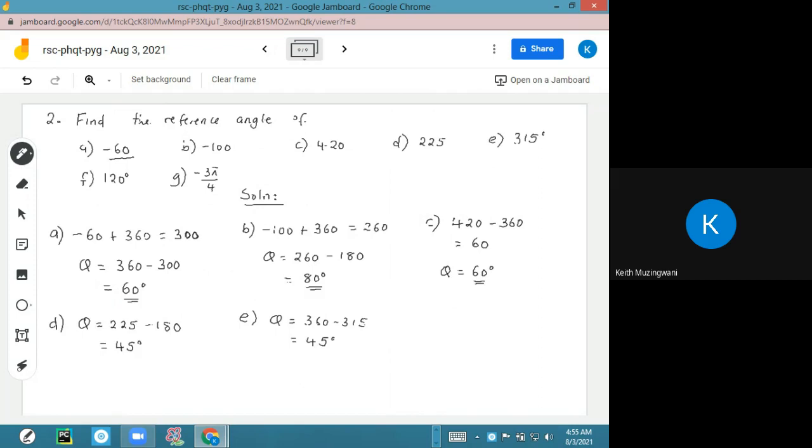So what is happening is that if the angle falls in the quadrants, first, second, third, fourth, we just bring in the formula.